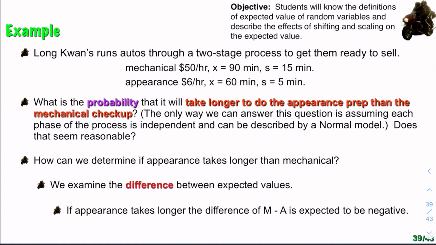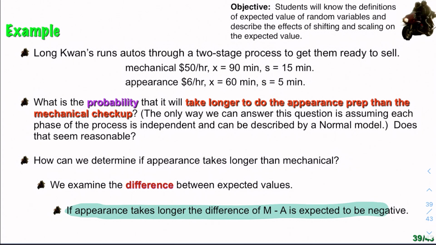What we would look for here is, if one takes longer than the other, we're looking for the difference between the expected values. If the time for appearance work is longer than the mechanical work, then the difference, mechanical time minus appearance time, is going to be negative.